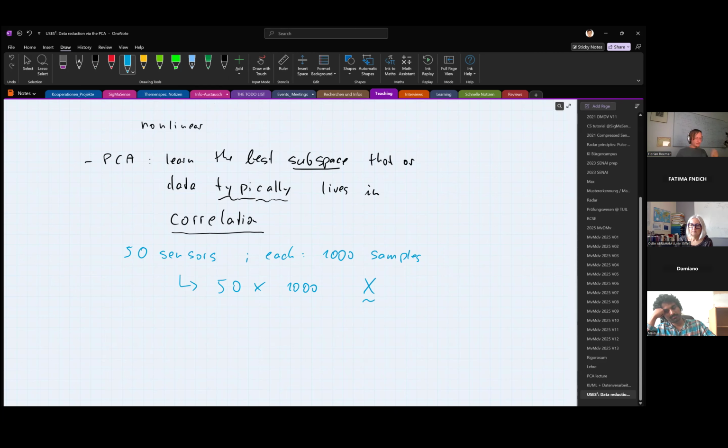And maybe we find a way of representing this with just a 5-dimensional subspace, just as an example. Let's say that would be possible to do.